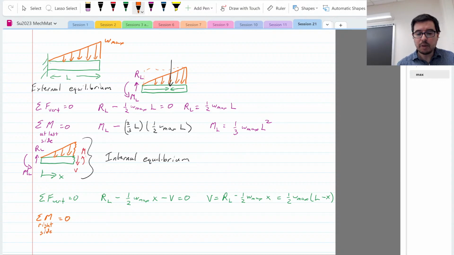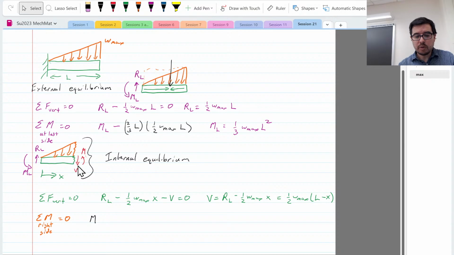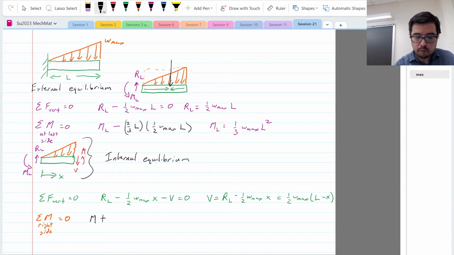Set them equal to 0. So M is positive, so we have positive M. We have no contribution from V. We have a positive ML.